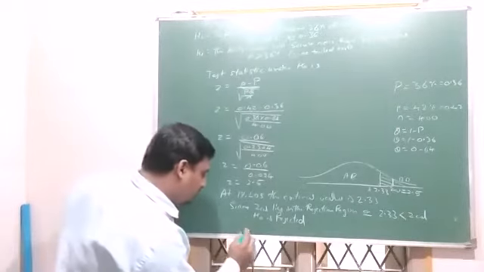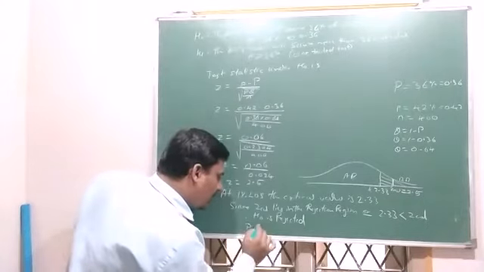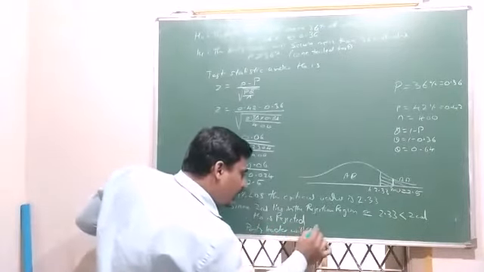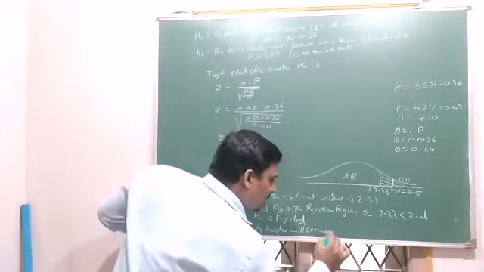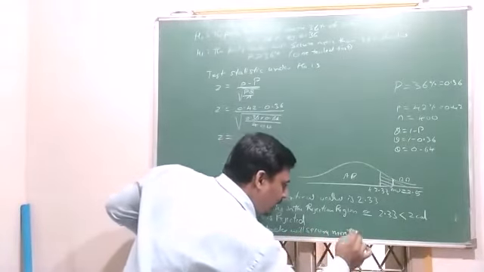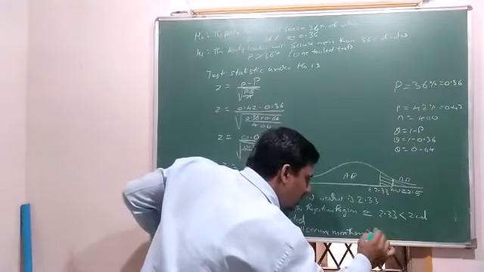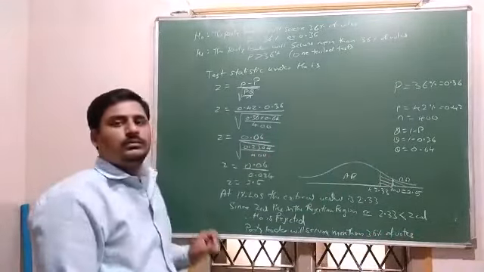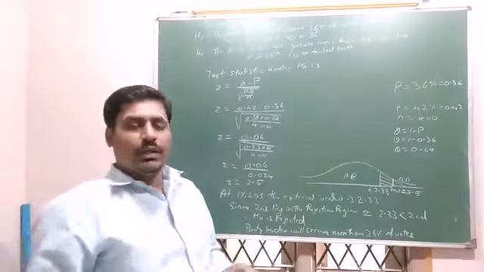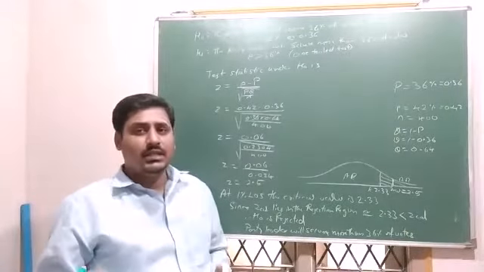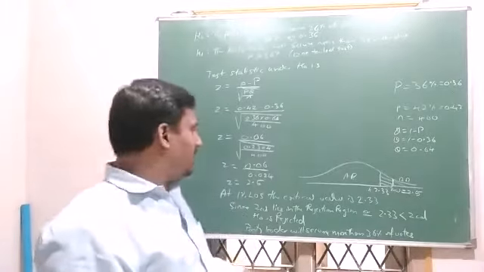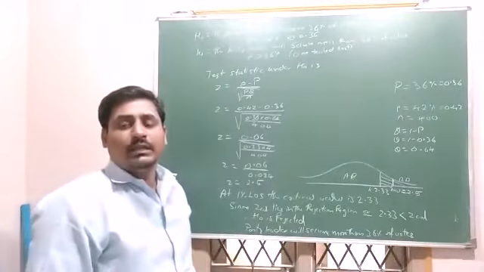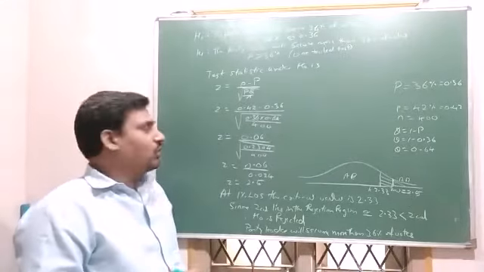Therefore, the party leader will secure more than 36% of votes. H naught is rejected, therefore H1 is accepted, and H1 tells the party leaders will secure more than 36% of the votes.